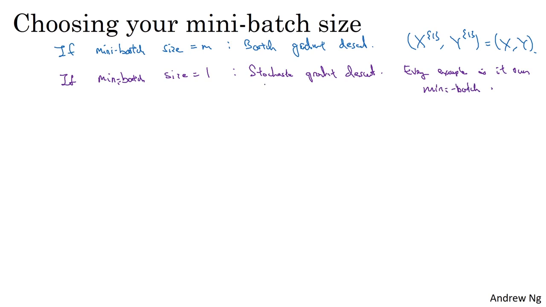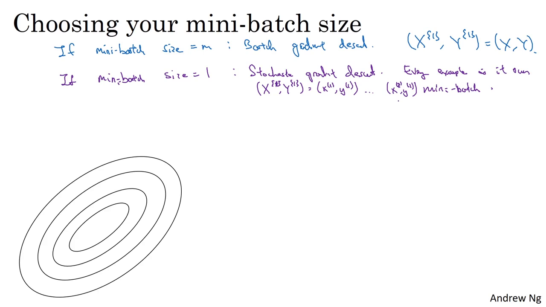So what you do in this case is you look at the first mini-batch, X{1}, Y{1}, but when your mini-batch size is 1, this just has your first training example, and you take a gradient descent step with your first training example. And then you next take a look at your second mini-batch, which is just your second training example, and take a gradient descent step with that. And then you do it with the third training example and so on, looking at just one single training example at a time.